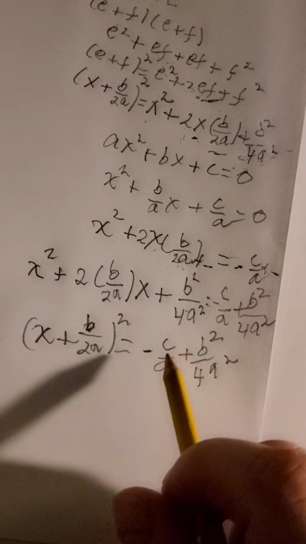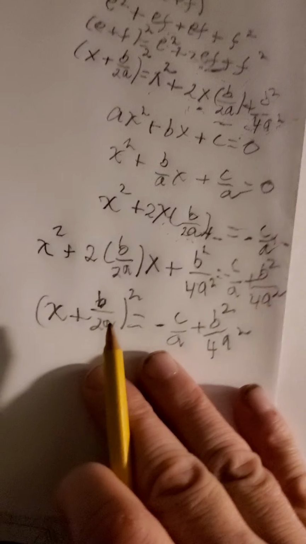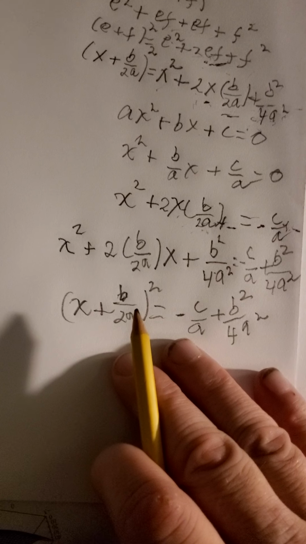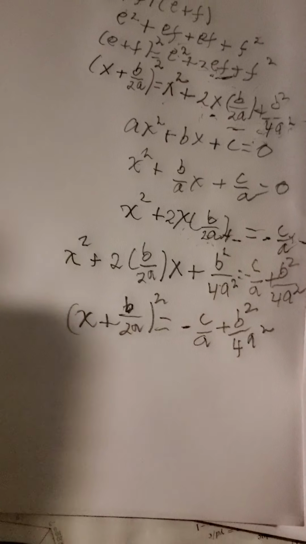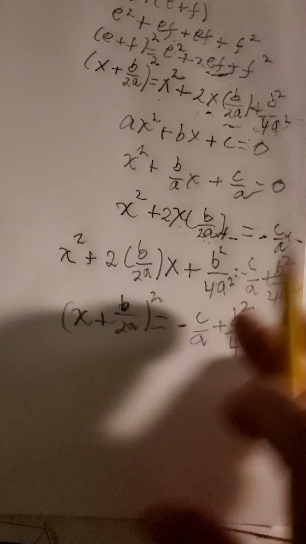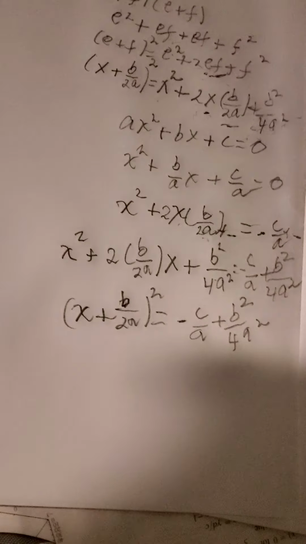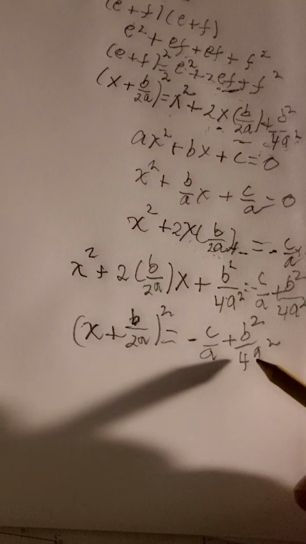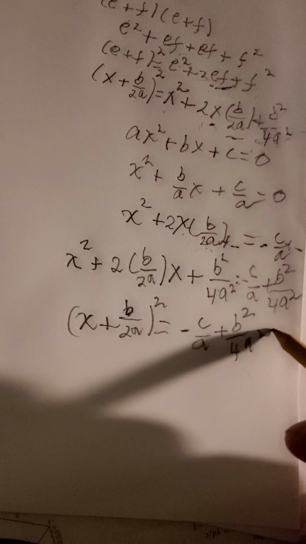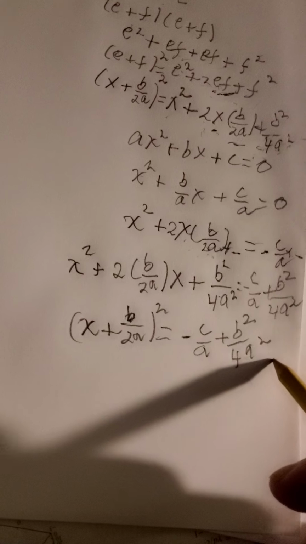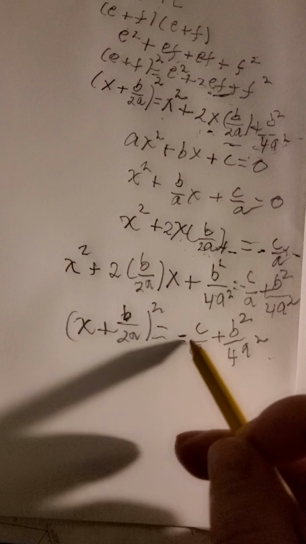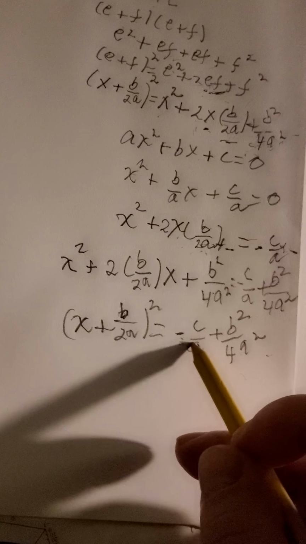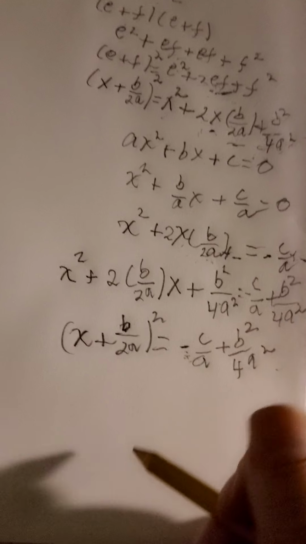Now, if you multiply a number by 1, you have that number back again, right? You know, 1 times anything is just that number again. So if you had a million and you said a million times 1, it'd still be a million, right? Now, if I take 4a squared and put 4a squared over 4a squared, and I multiply it by this side right here, that's like multiplying this by 1, right? Okay? I'll show you what I'm saying.